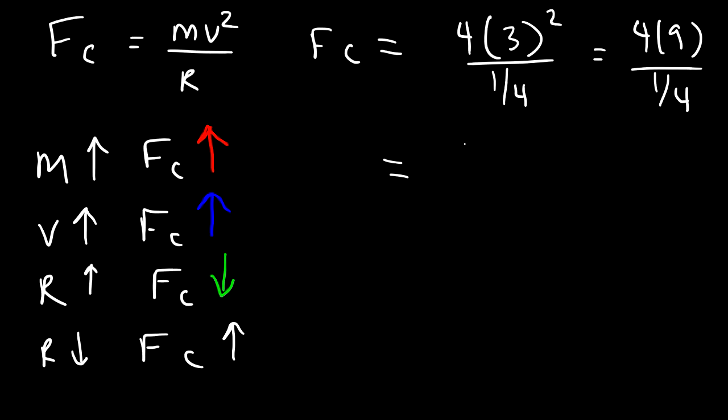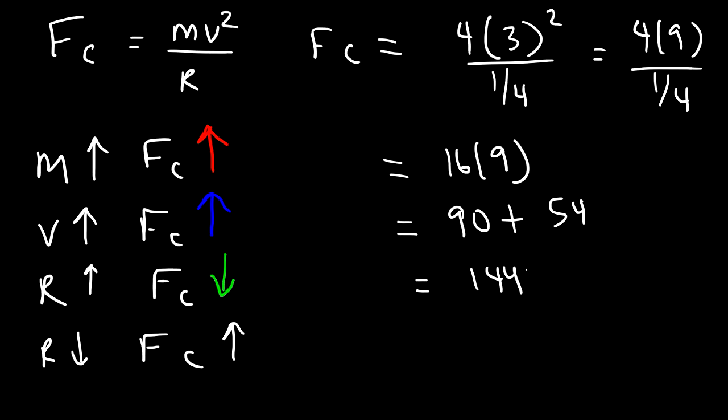And 4 divided by 1/4, that's like 4 times 4, that's 16. So we got 16 times 9. 10 times 9 is 90. 6 times 9 is 54. So this adds up to 144. So the centripetal force will be 144 times greater than its current value.